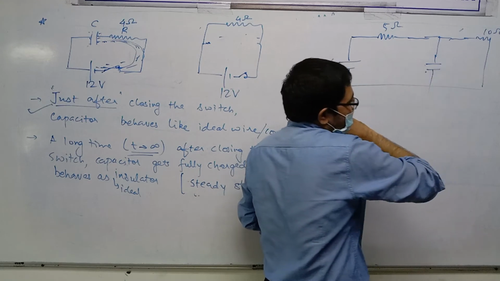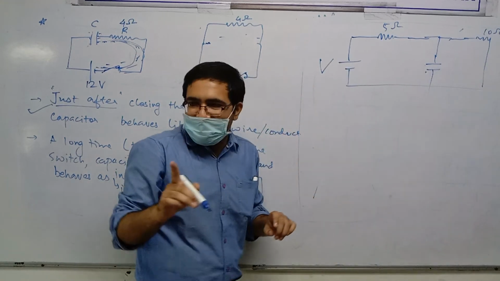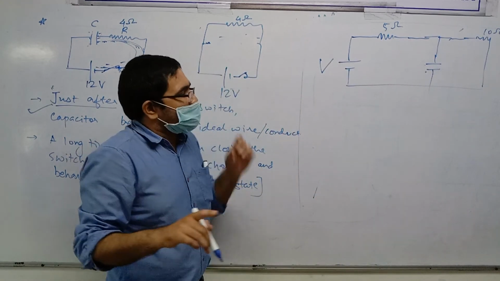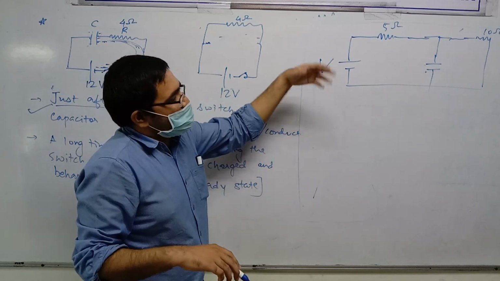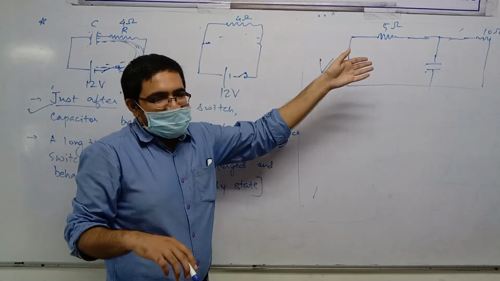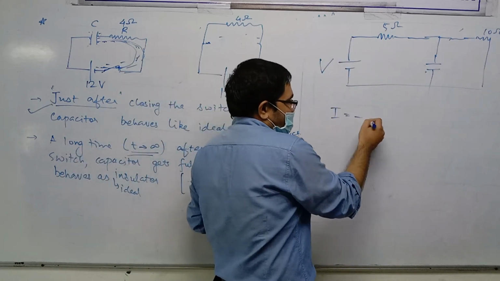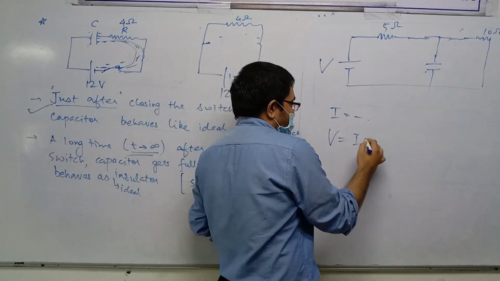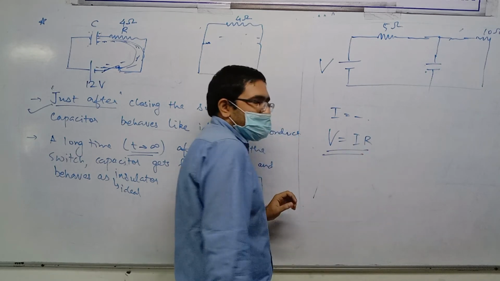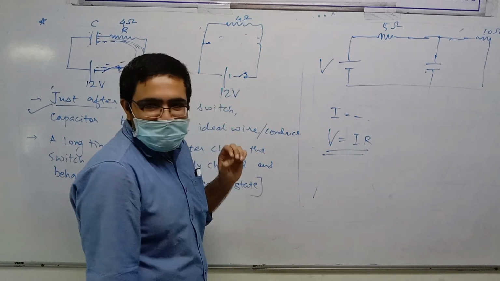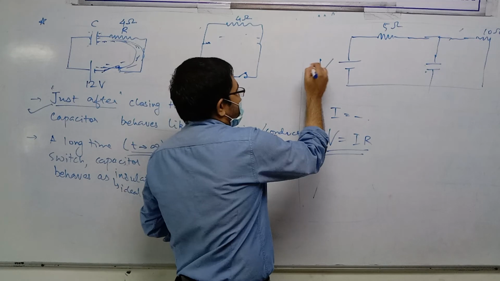Yes or no? So there should be nothing else that takes away the voltage. And if current flows, then there is always a voltage across a resistor. For example, let's say this is 10 volt.